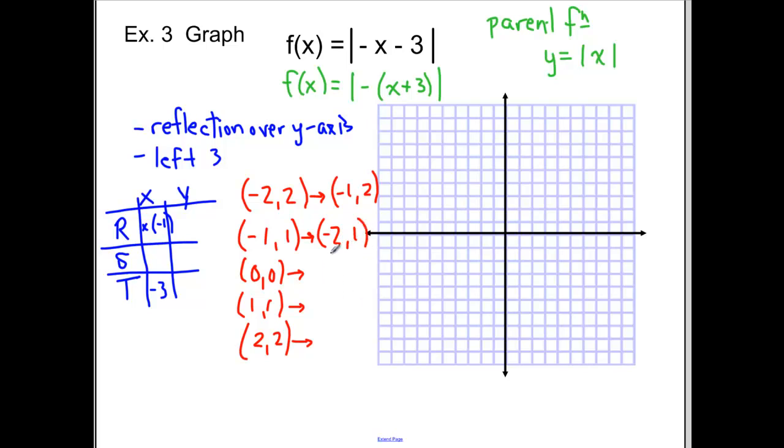Y value stays the same. 0 times -1 is -1, and then -3 is -3. 1 times -1 is -1, -3 is -4. And last but not least, I bet you can guess what the point here is if you follow the pattern. 2 times -1 is -2, and then subtract 3 is -5.